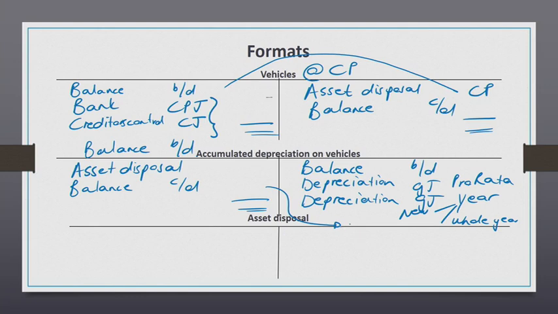Asset disposal, non-negotiable, you must know the format. We start with the cost price of the vehicle that was sold, then the accumulated depreciation on this vehicle, the total depreciation that was written off. Total accumulated depreciation. Then we sold it for cash, then we will debit bank.